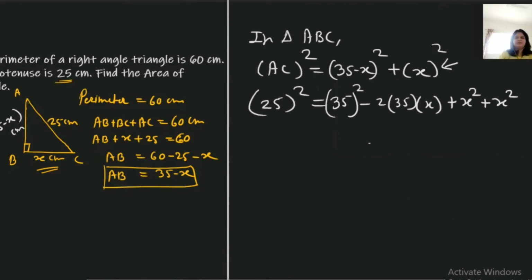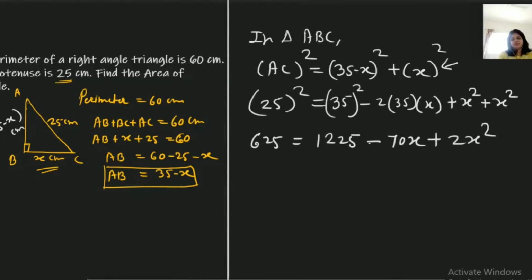Let's solve it further. 25 square, what is the square of 25? That is 625. 35 square, that means 35 into 35, you will get 1225, minus 35 twos are 70x, and x square plus x square is 2x square.